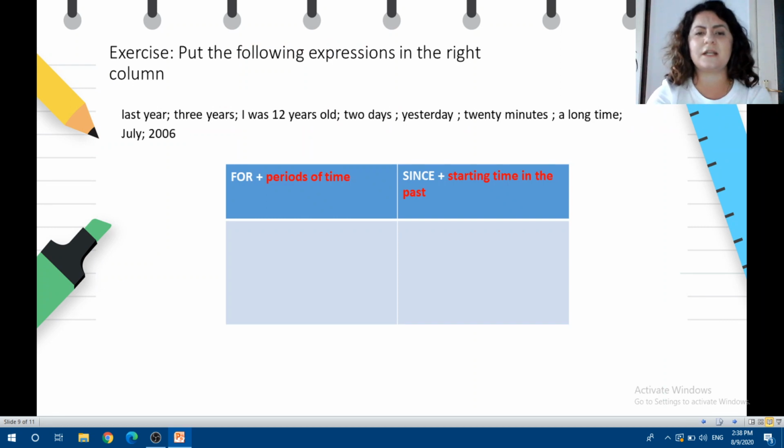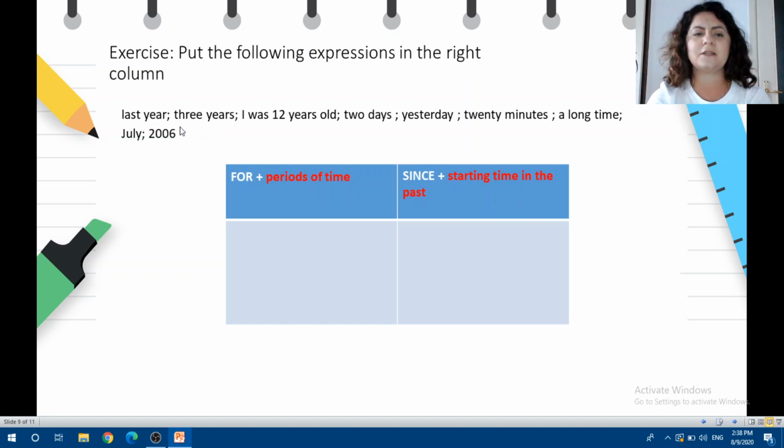Let's do the next activity. You can pause the presentation and write the following expressions in your notebook and classify them in the right column. So remember that for refers to periods of time and since refers to the starting time in the past.